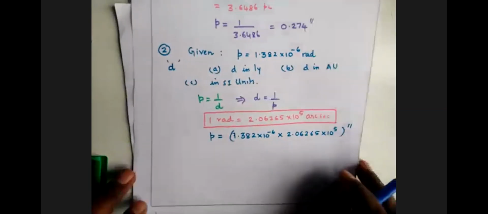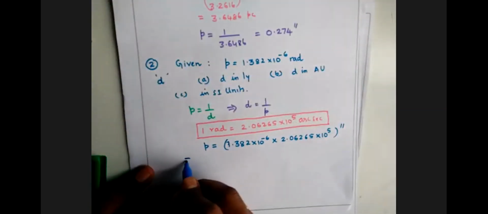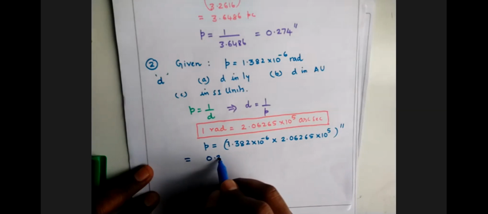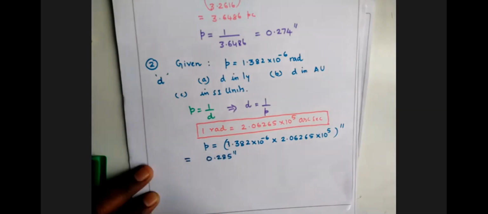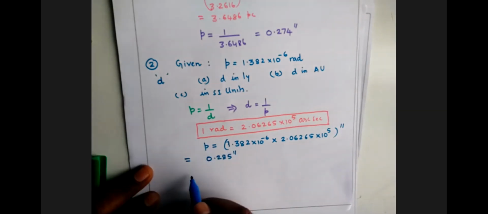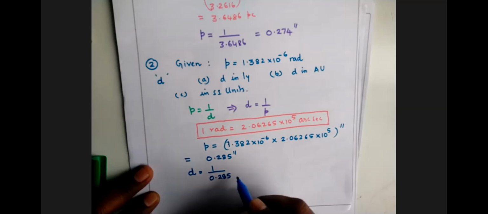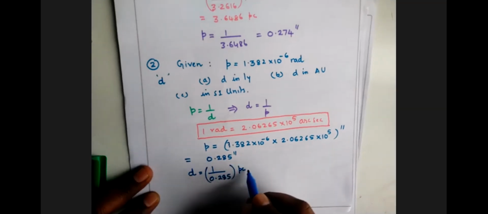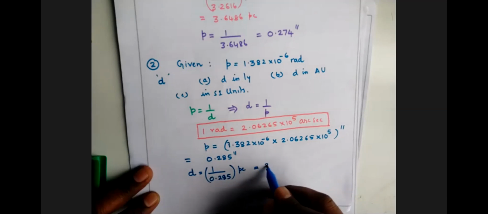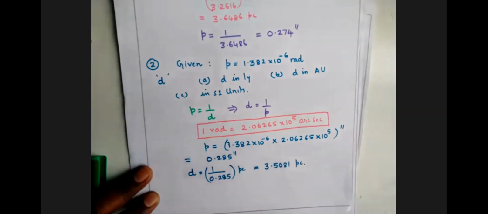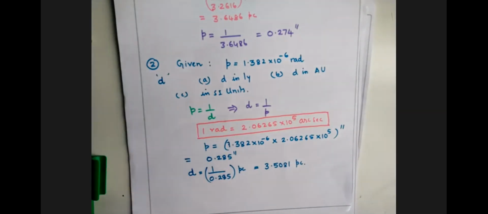So we get 0.285 arc seconds. Therefore, the distance D in parsec is equal to 1 divided by 0.285 parsec, which comes out to be equal to 3.5081 parsec. This is the first result.